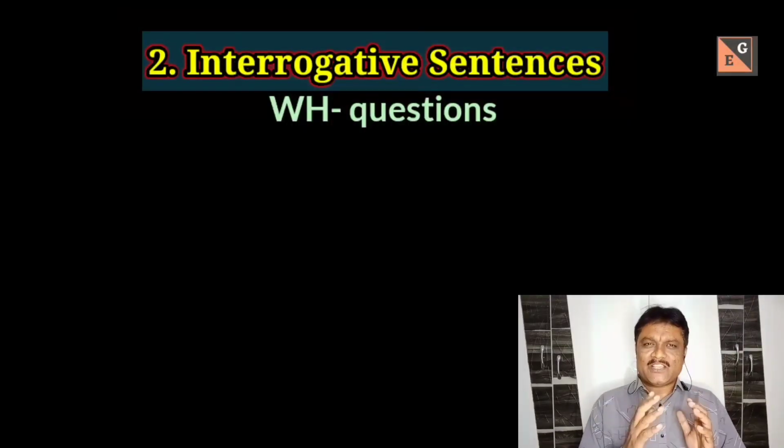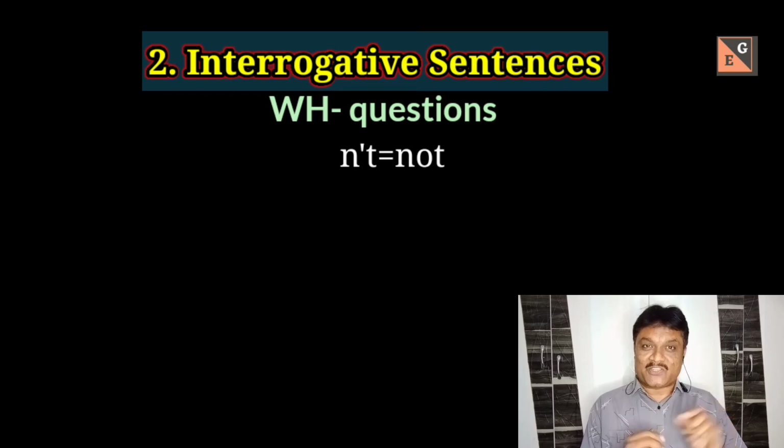And now, making negative of these questions. Well, friends, making negative of WH questions is an extremely easy task. Just put n't, that is the contracted form of not, after each auxiliary verb, and we get the negative form of these questions.